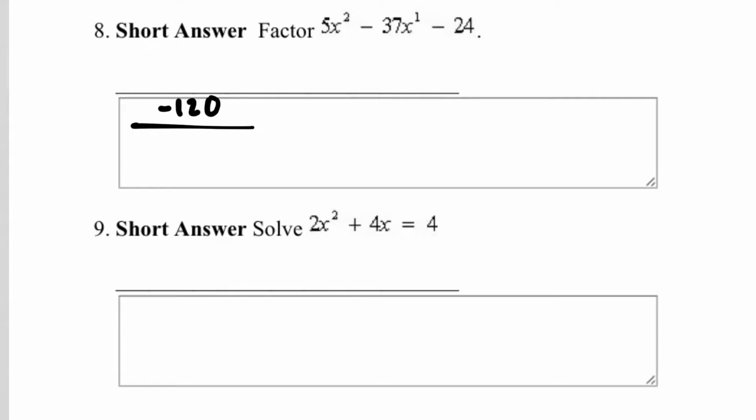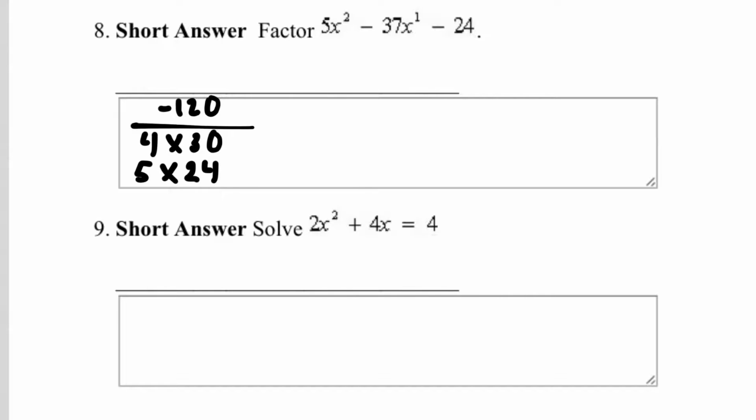How about 4 times, how many times is 4 going to 30 times? 4 times 30? No, there's no way that's going to give me 37. What about 5? 5 goes into 120 24 times. No, that still doesn't work.